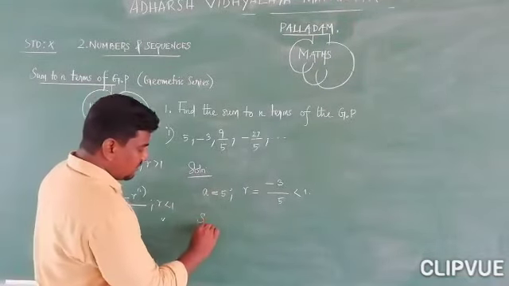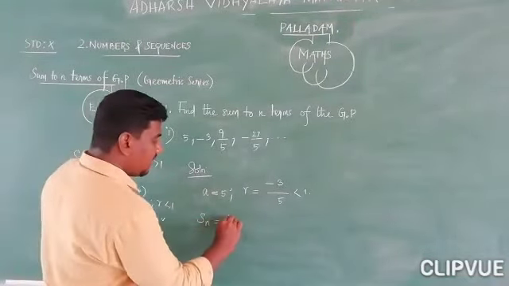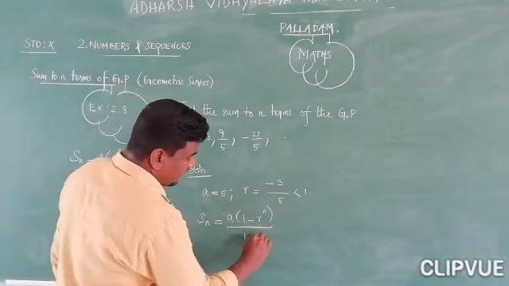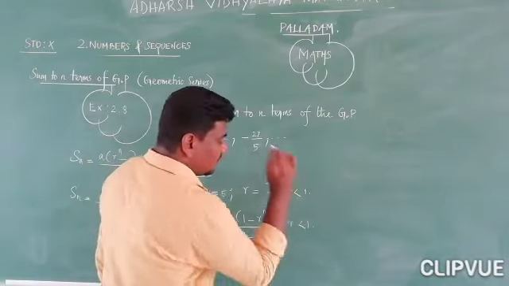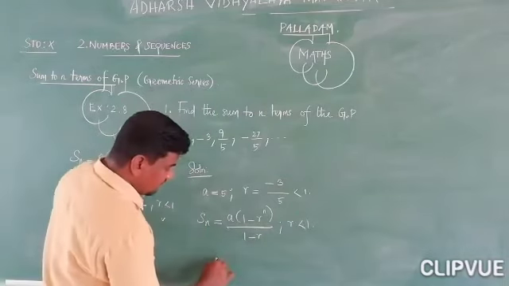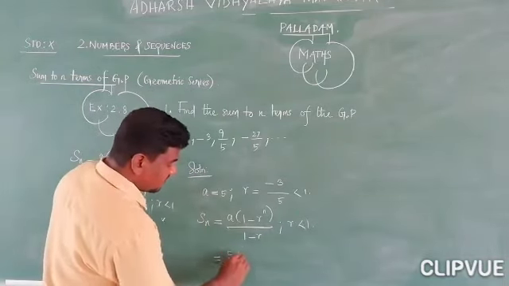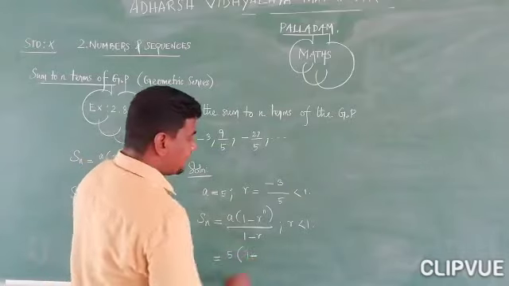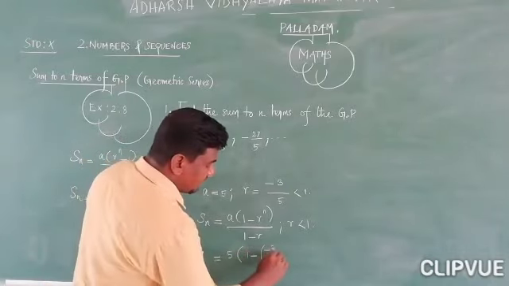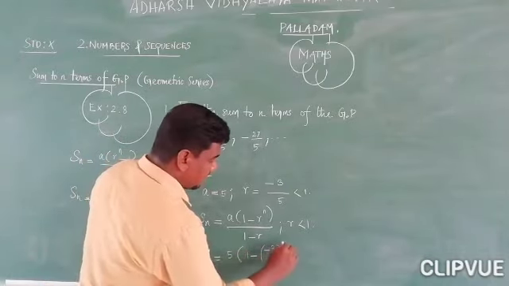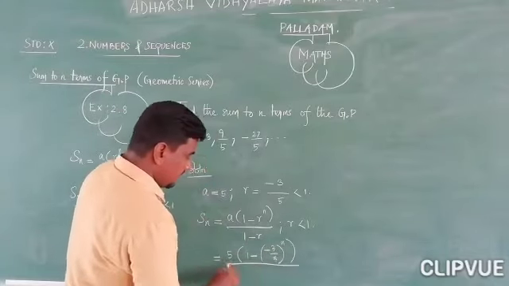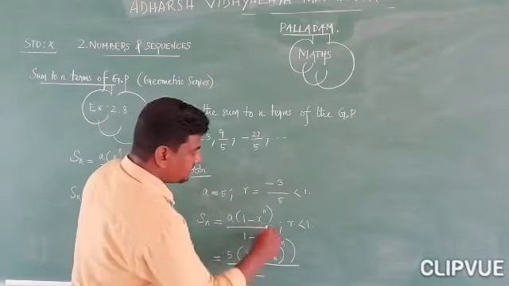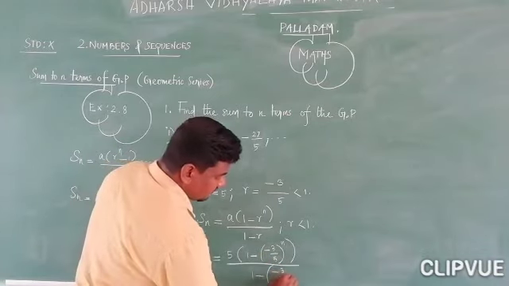So Sn equals a of 1 minus r power n divided by 1 minus r, because r is less than 1. Okay, substitute their values here. What is a? 5 into 1 minus, what is r? That is minus 3 by 5, whole power n, whole divided by 1 minus r, where r is minus 3 by 5.